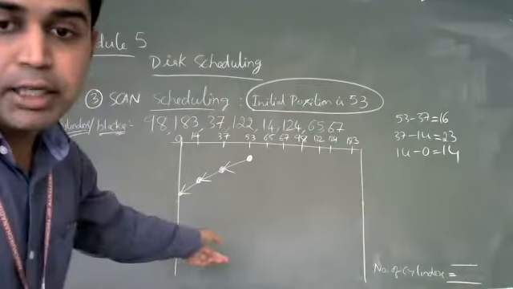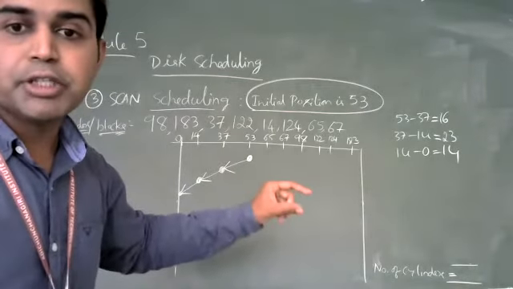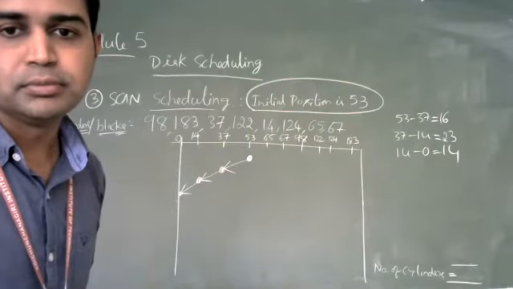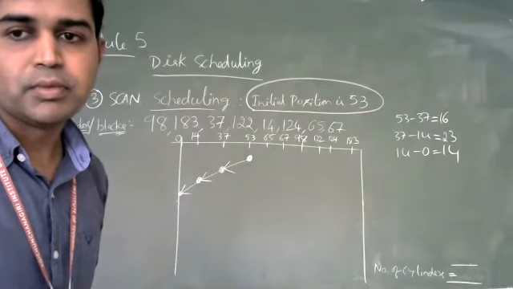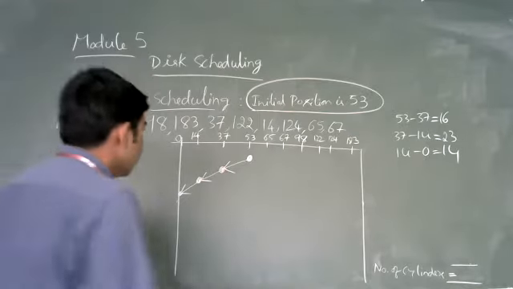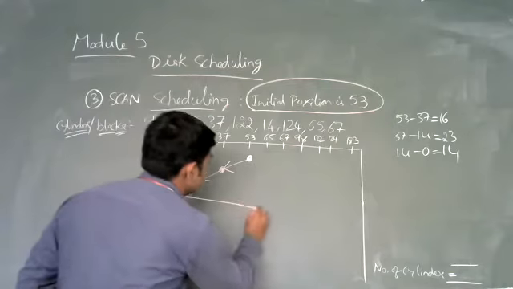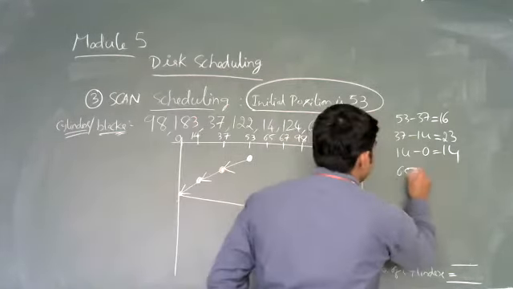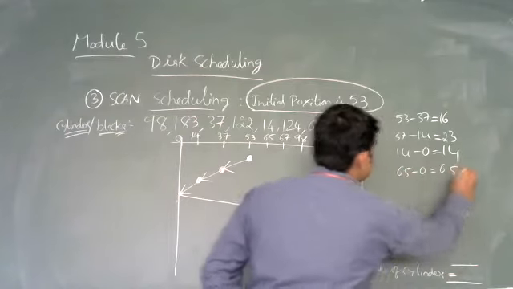Now, which are the cylinders coming on the right side of the disk? 65, 67, 98, 122, 124, 183. So you write here 65 minus 0, 65.